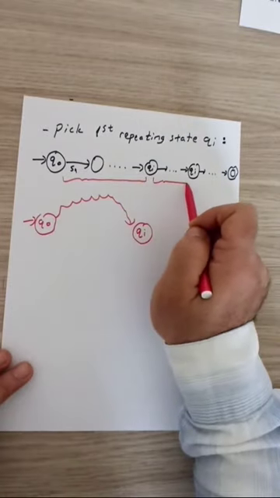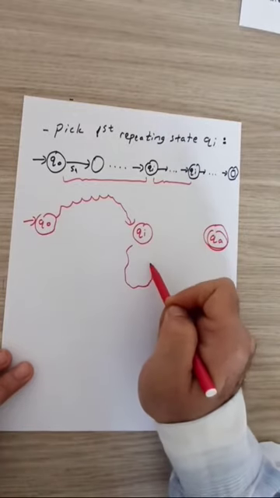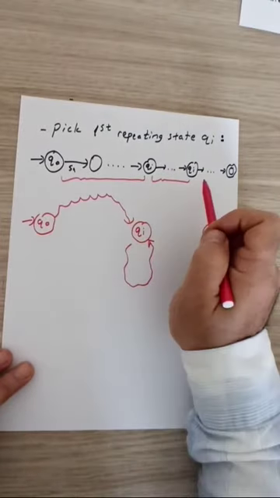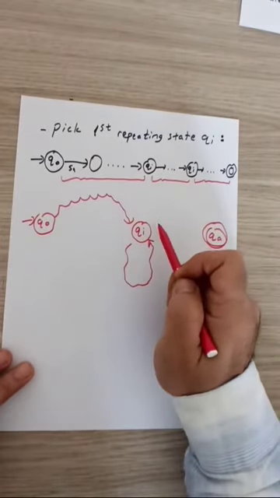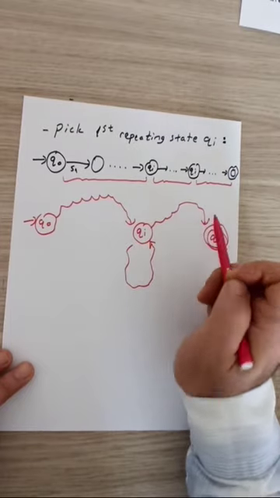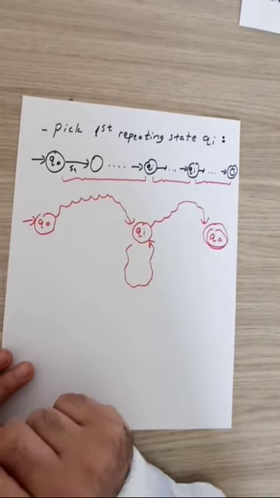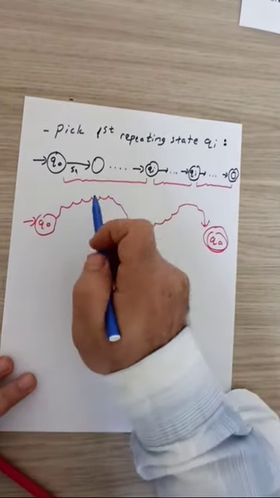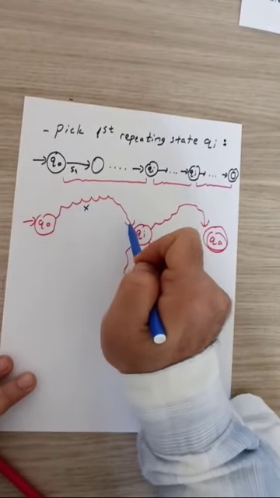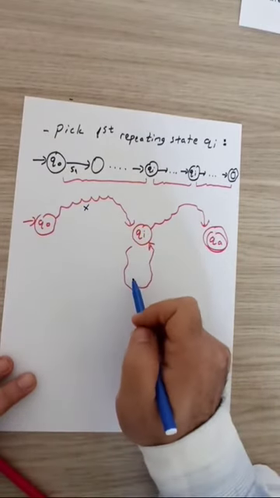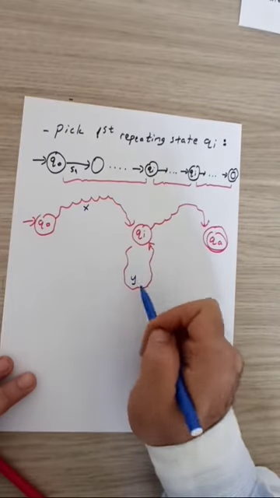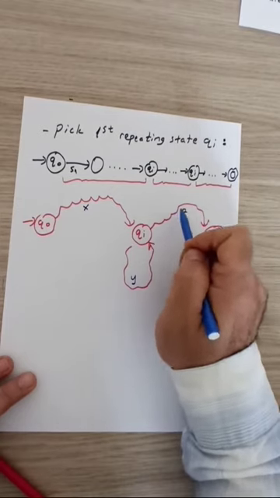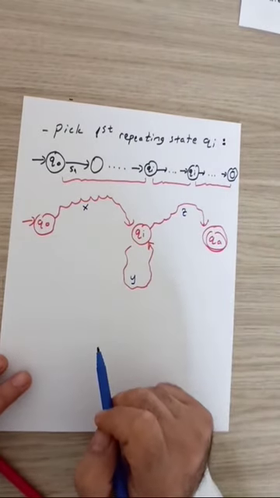We need to have a loop of transitions that starts at qi and goes back to qi, corresponding to this part of the path. And corresponding to this part of the path, there must exist a sequence of transitions that leads us to qaccept. Now, let's denote the substring consumed by this first part of the path with x. Let's denote the substring consumed through this loop as y. And let's denote this part of the path as z.